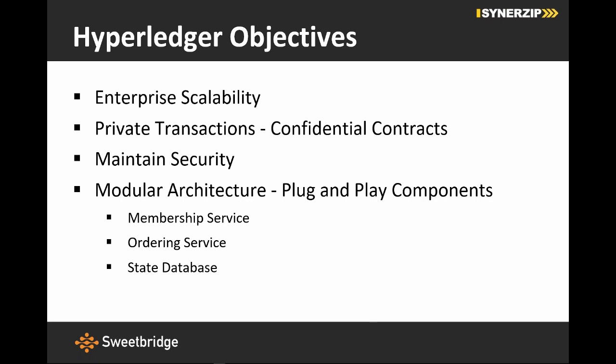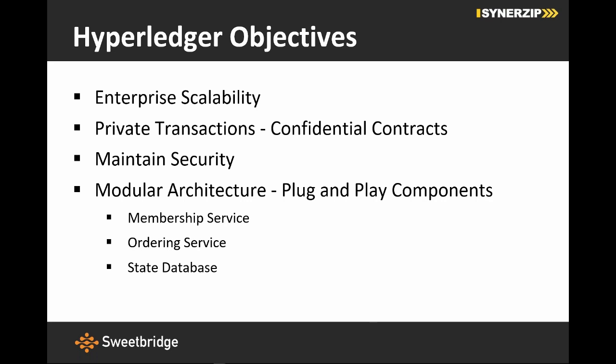The reasoning behind that is to disincent bad actors. It makes it more economically feasible to participate the way it's intended than to try to hack the system. But those algorithms put a level of computational intensity that doesn't really scale in an enterprise environment. So Hyperledger is focused on how we build blockchains that will scale to the enterprise.